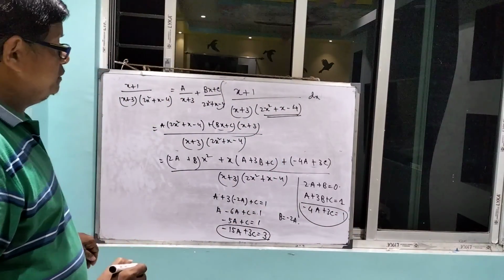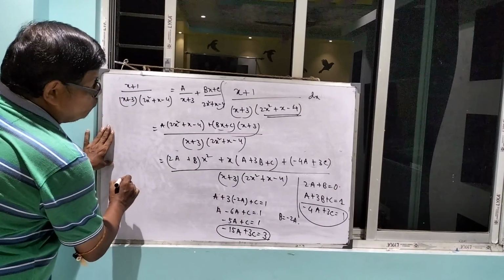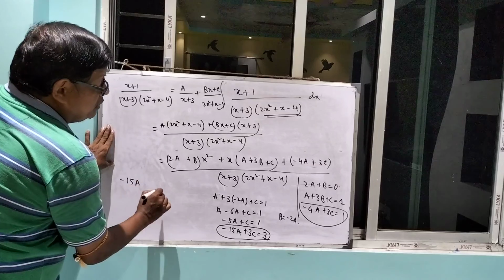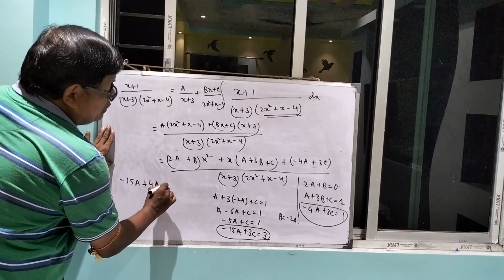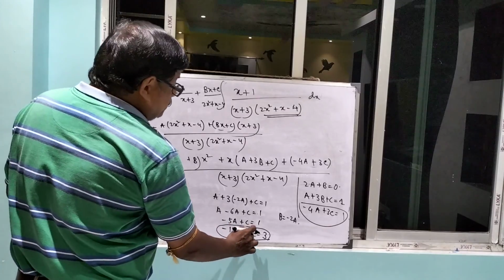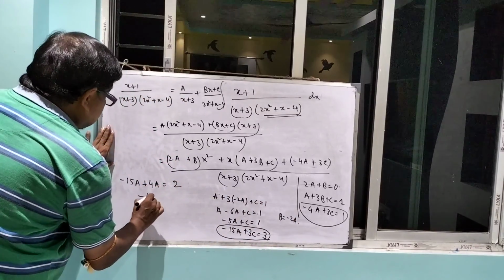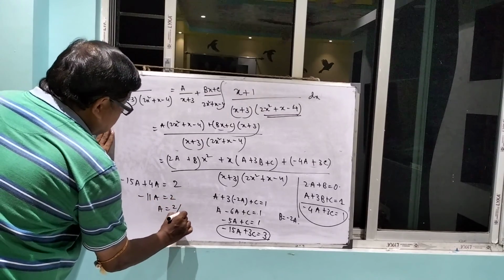If you subtract, c will be cancelled. So minus 15a, subtract minus 4a, that is minus 11a, and 3 minus 1 is 2. So minus 11a equal to 2, so a equal to 2 by minus 11.